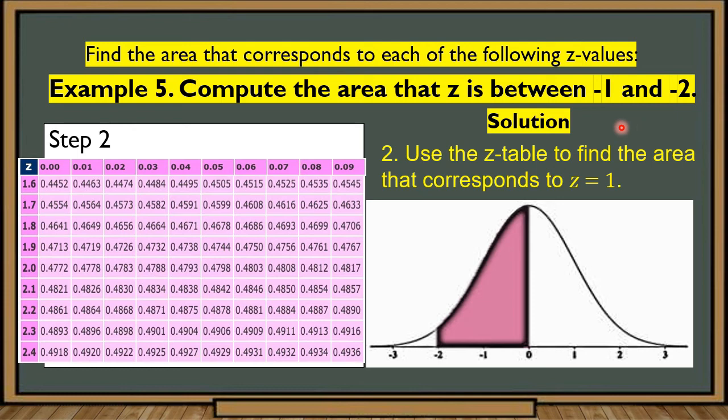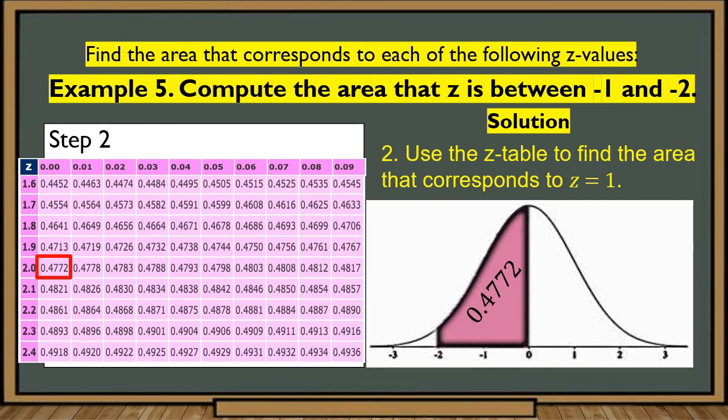So it is 2.00. So andito siya, mahahanap natin siya. It is equal to 4,772 10,000s. So alam na natin yung area from 0 to 1 or negative 1 up to 0, and 0 to negative 2.